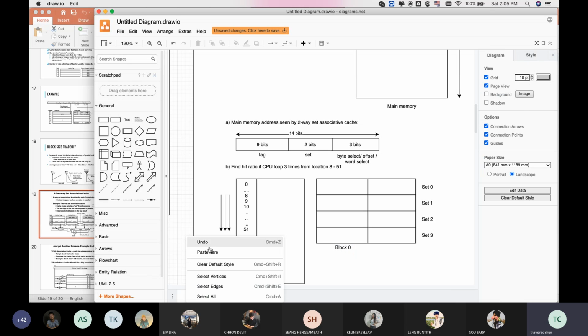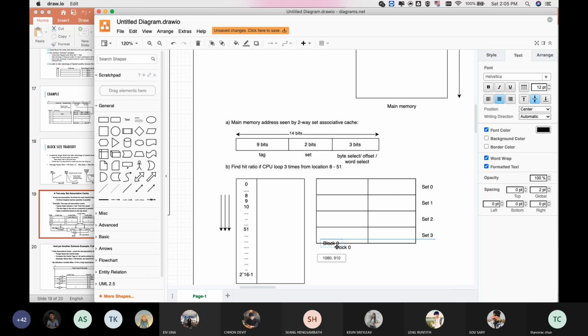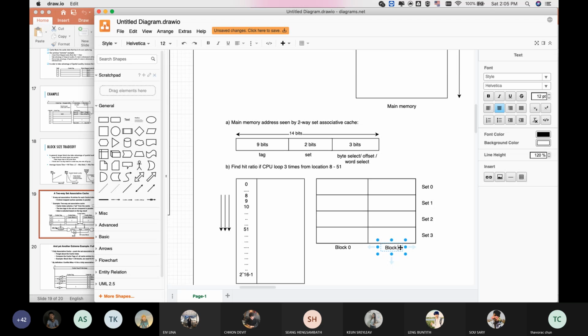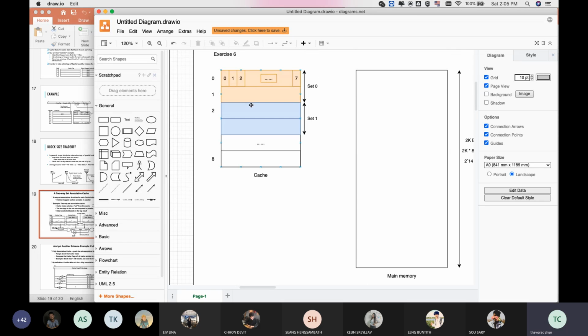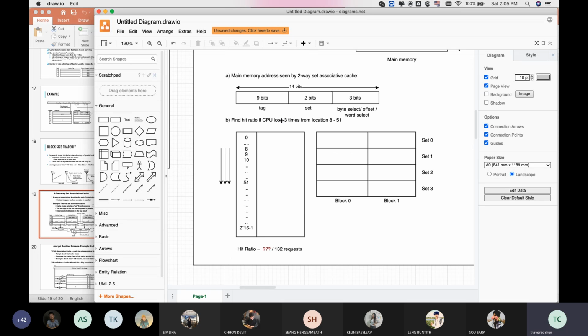And the next one is block 1. Okay, block 0, block 1, block 0, block 1, block 0, block 1. Okay, because each set has 2 blocks. And also in each block there are 8 words.